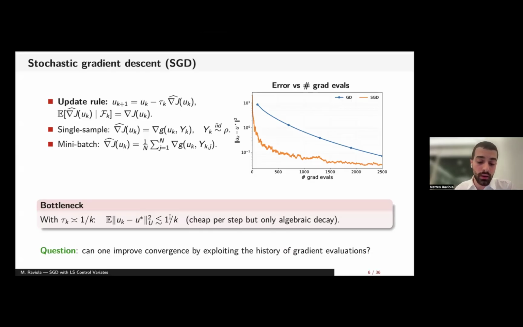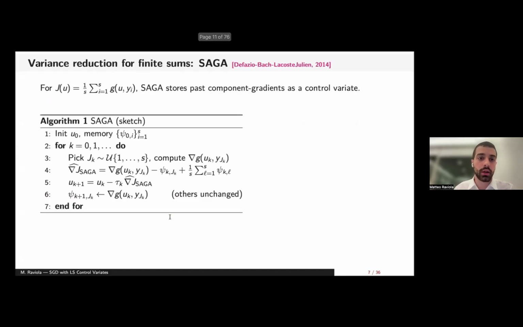And among them, the most relevant for our work is SAGA, which is this work from 2014 by Defazio, Bach and Lacoste-Julien. And the idea of SAGA is really to do variance reduction of the stochastic gradient by exploiting the history of the gradient evaluations.